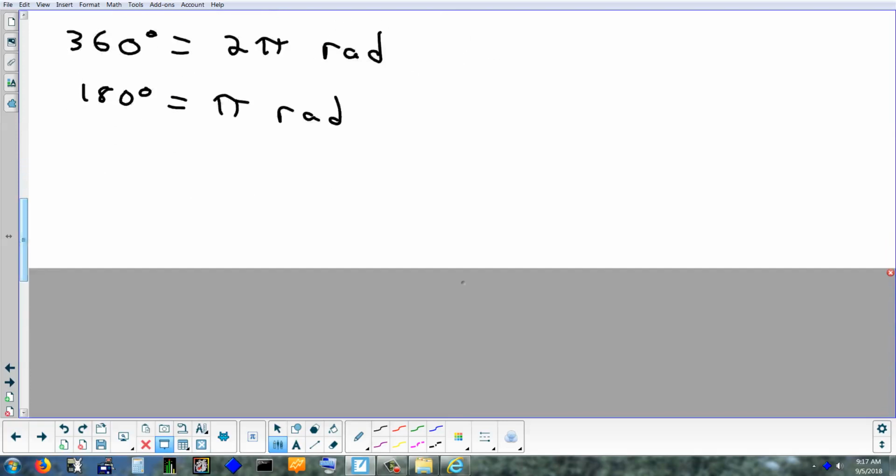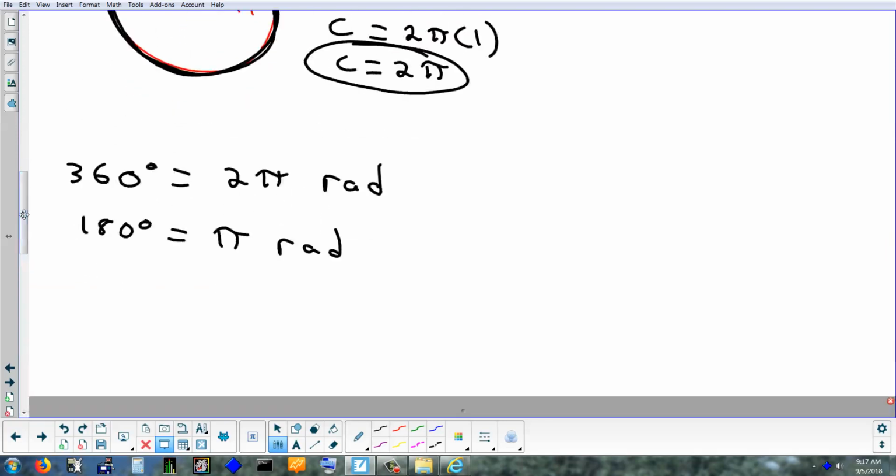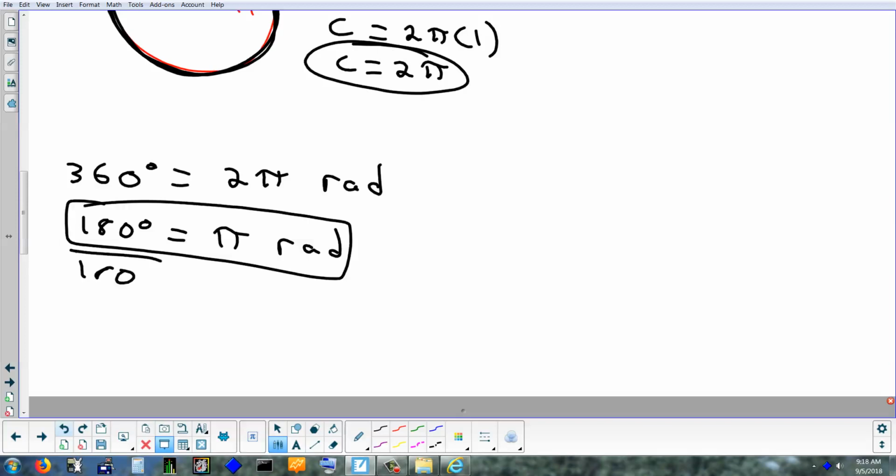So let's start by getting a 1 on this side. What would I have to divide each side by to make the left-hand side a 1? 180. Divided by 180. I'm just going to put a box around that for now. And I'm going to divide by 180. 180 divided by 180 is 1.